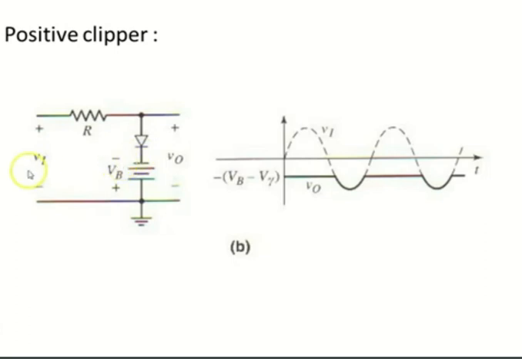And when the input voltage becomes more negative than this biasing voltage, the cathode becomes positive. As a result, the diode becomes reverse biased. When the diode is reverse biased, the resistance offered by this loop is high. As a result, there will be an output waveform, so that we get the signal as shown in the graph.